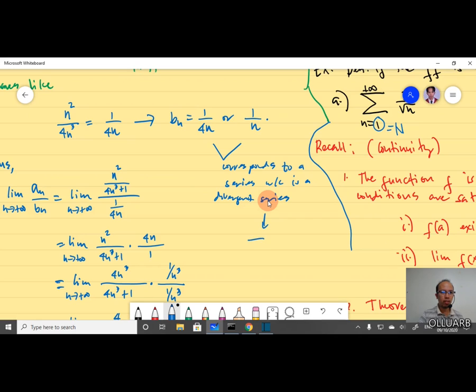Why? Because as you can see, you will have 1 over 4n from 1 to positive infinity, and this will become 1/4 times 1 over n, and it starts from 1 to positive infinity. This is a harmonic series, okay, harmonic series.